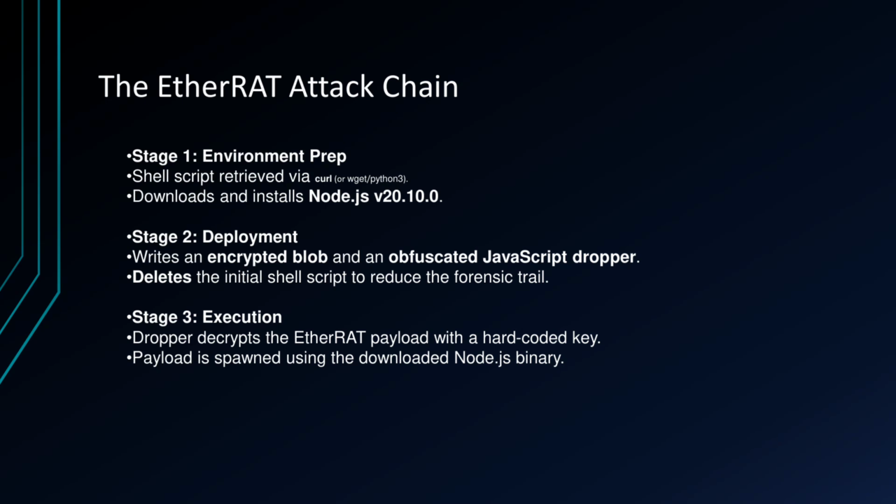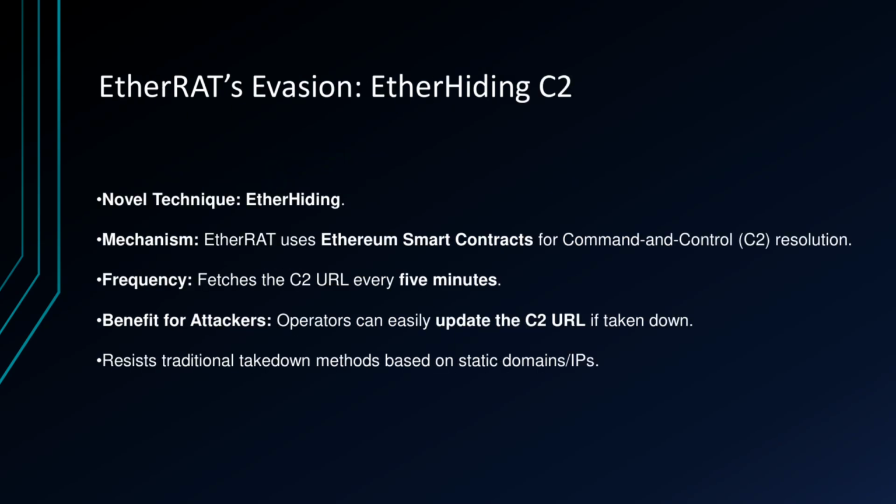To minimize forensic artifacts, the initial shell script is immediately deleted. In Stage 3, Execution, the dropper decrypts the EtherRAT payload with a hard-coded key and then executes it using the newly downloaded Node.js binary.